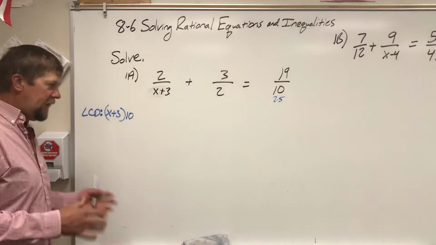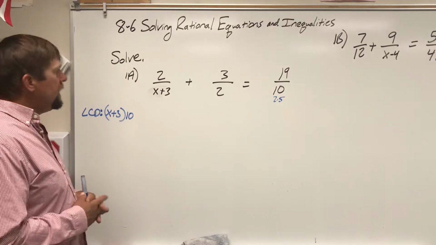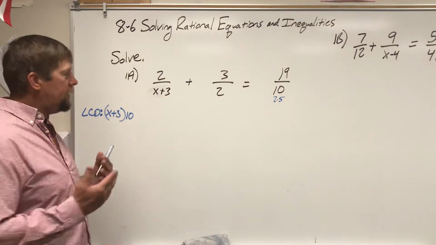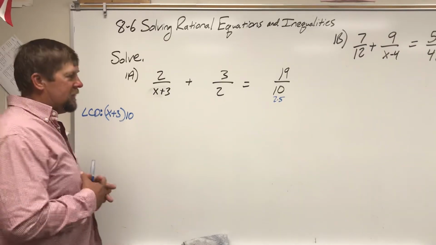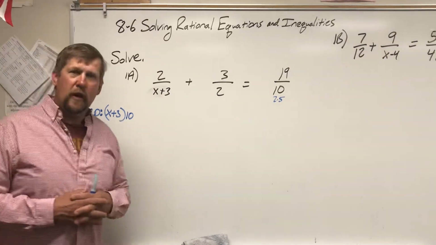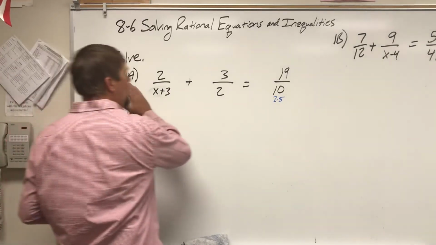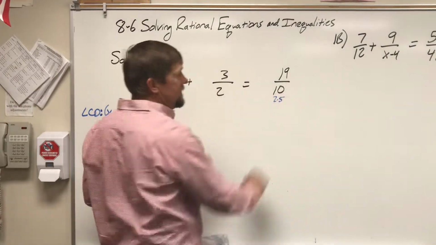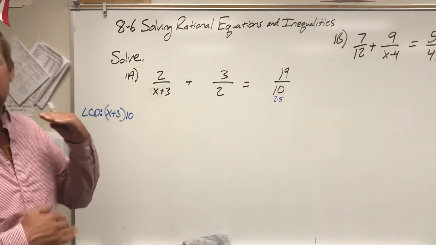Now, the second part of this is not like adding. It can be, and I'm going to show you two ways of doing this, but what I like to do is, because it's an equation, I am going to multiply both sides of the equation by the least common denominator. I don't have to multiply top and bottom.